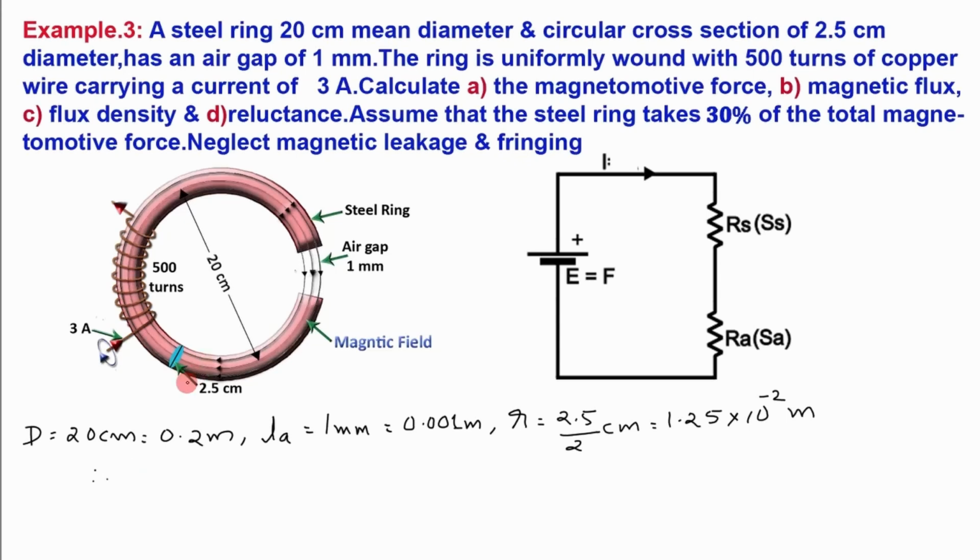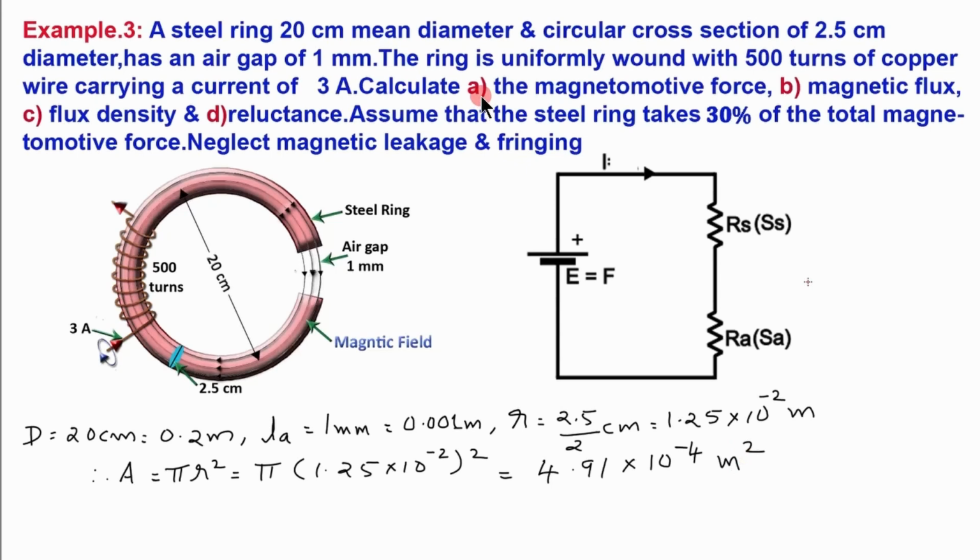Therefore, the cross-sectional area of the magnetic core is A, which is equal to pi into R square, that is pi into 1.25 into 10 raised to minus 2 the whole square, that is 4.91 into 10 raised to minus 4 meter square.